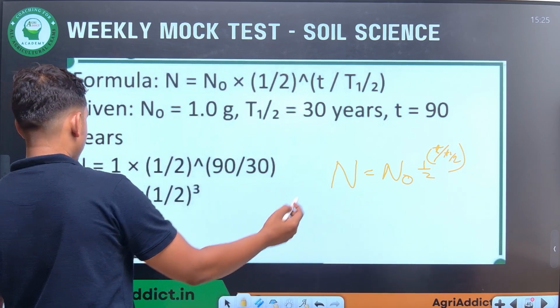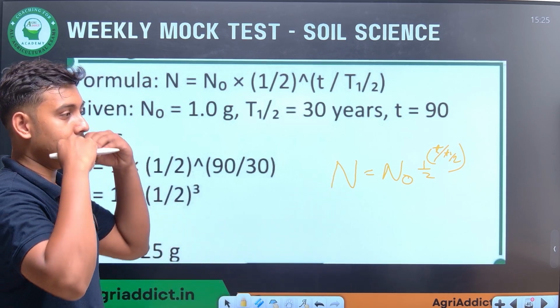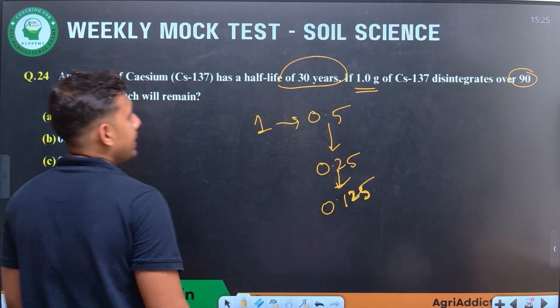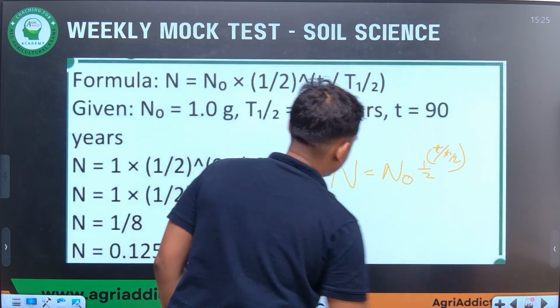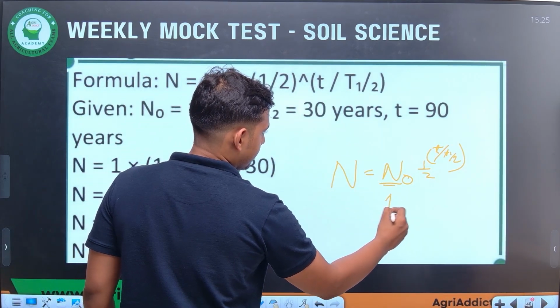N is the final amount. N0 is the initial amount, which was 1 gram.